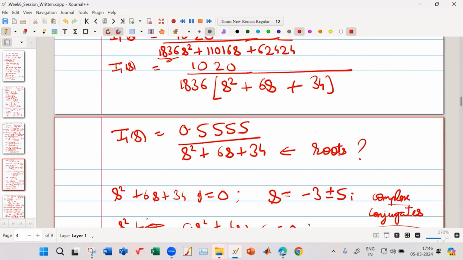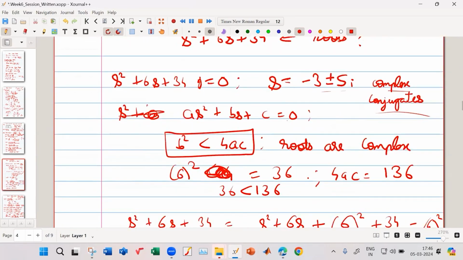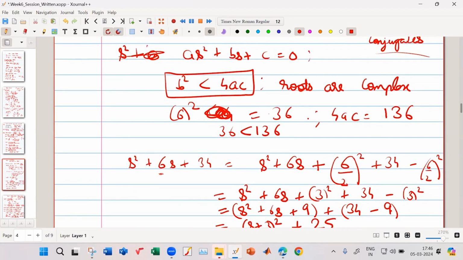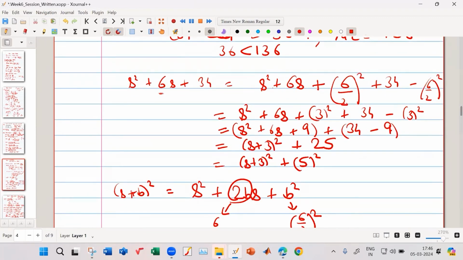Then we found it is of this form. Then we wanted to check if the roots are imaginary or not, if they are complex conjugates or not. So we found that the roots are complex conjugates, and then we checked that it satisfies the condition that B square is less than 4AC. So because they are complex conjugates, they have to be written in terms of this form, s square plus a square form.